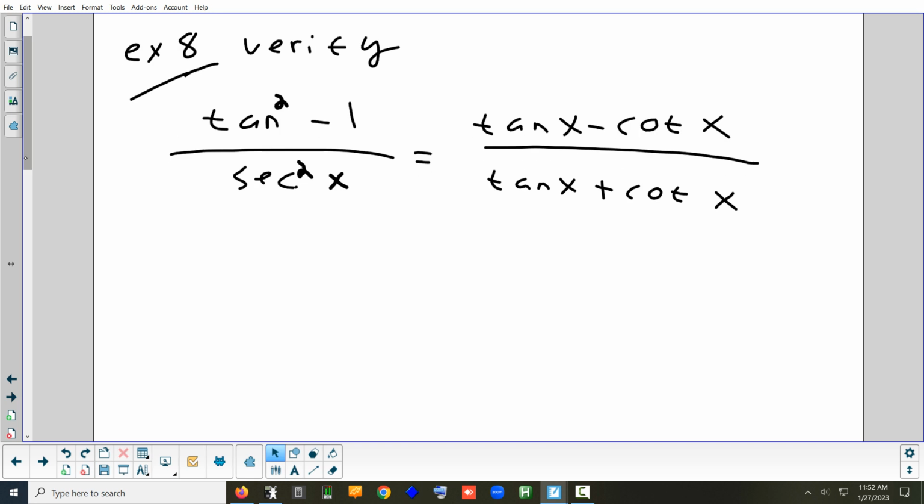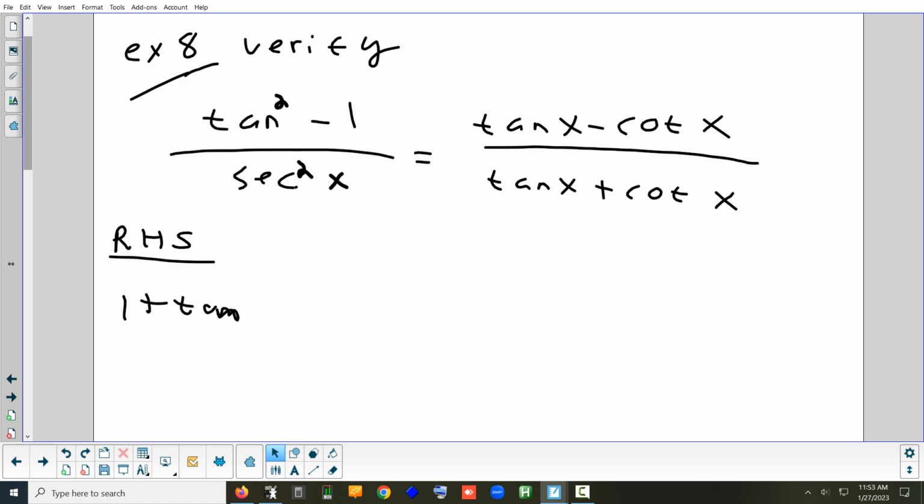Okay, so if we're going to work with the right hand side, what would we do first? Oh, wait a minute. That would be easier because there's the thing that turns into plus 1 and then it would just be secant squared. Well, 1 plus tangent squared is secant squared.